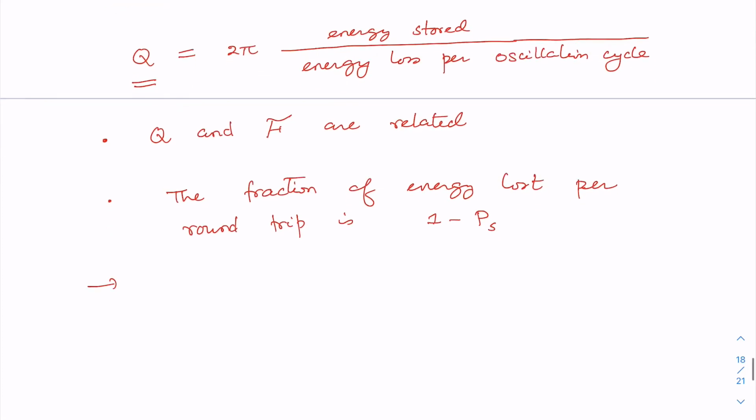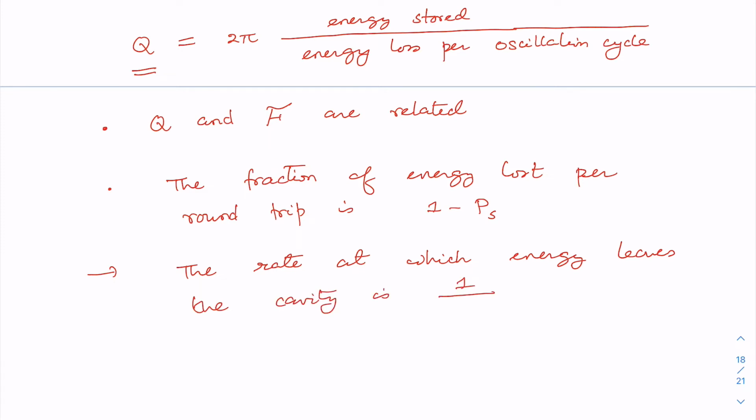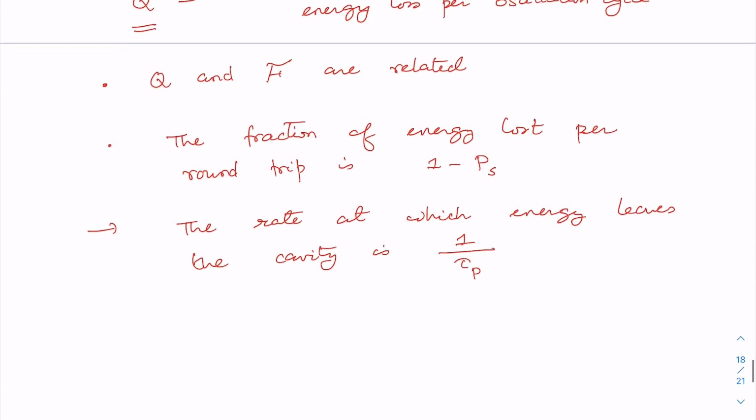The rate at which energy leaves the cavity is the inverse of the photon lifetime, so 1 by tau p, because tau p is the photon lifetime, and it is relative to the amount of energy that is stored in the cavity.